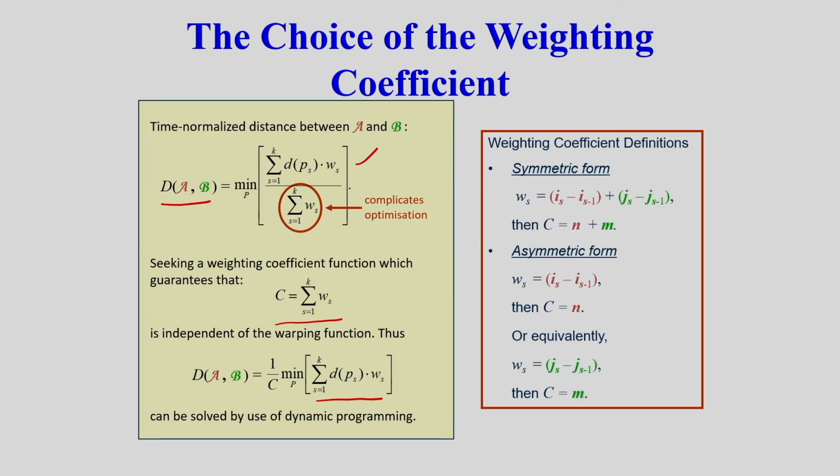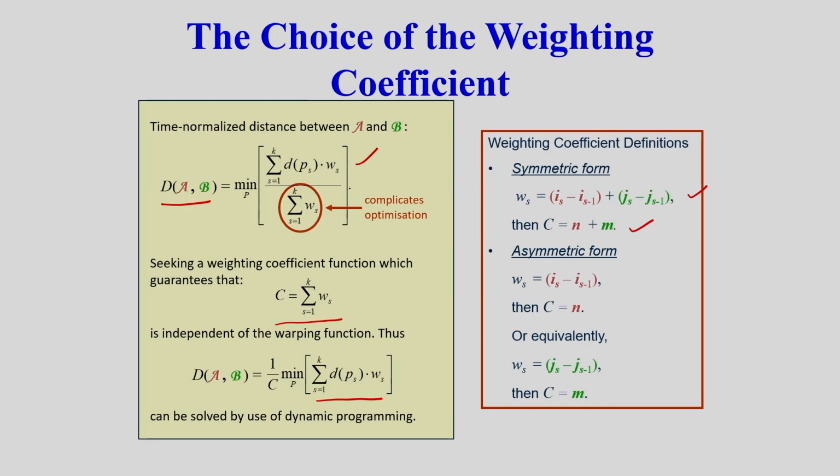And this distance DAB I can determine, and it can be solved by considering dynamic programming. There are two forms, one is the symmetric form, another one is the asymmetric form. In the symmetric form, the weighting coefficients we can determine like this: Ws is equal to Is minus Is minus 1 plus Js minus Js minus 1, and C is defined like this: C is equal to n plus m.